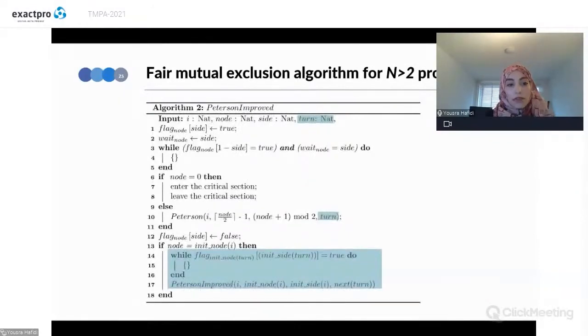So the main modification that we've done in the algorithm is adding this waiting loop here, and including the parameter, which is the information about the next turn. So basically, process 2 here, when it comes to this waiting loop, it will wait until process 0 and 1 get their turn. And then it can request access again.